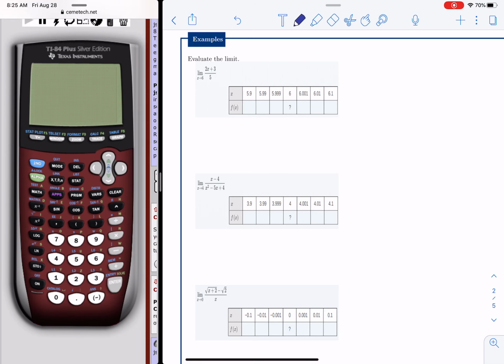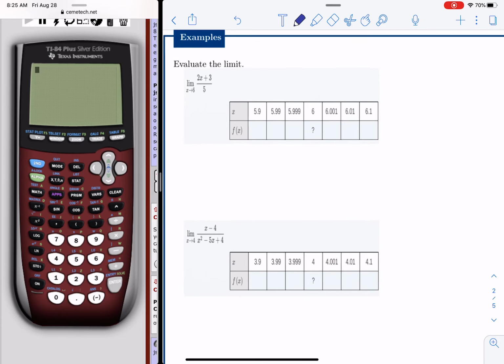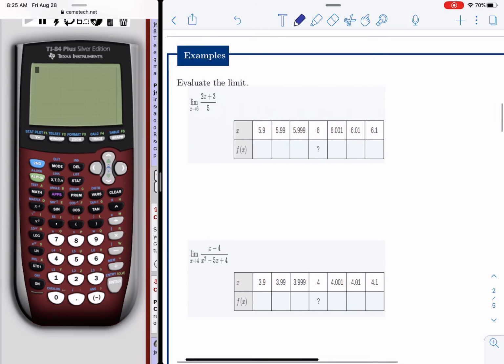I'll show you how we can use the calculator to evaluate all of this with a few easy steps instead of plugging in the value of x each and every time. So the function that we have is 2x plus 3 over 5.